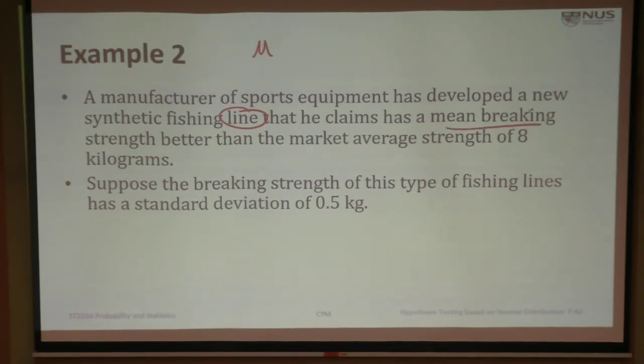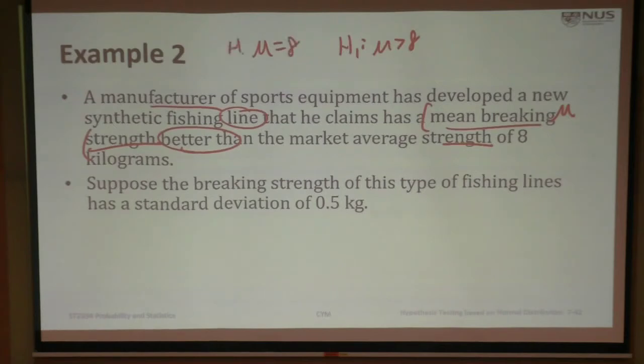The manufacturer's claim is mu bigger than 8. This is what he claims, so it's put as the alternative. Better than means bigger than 8. So the null hypothesis is mu equal to 8.